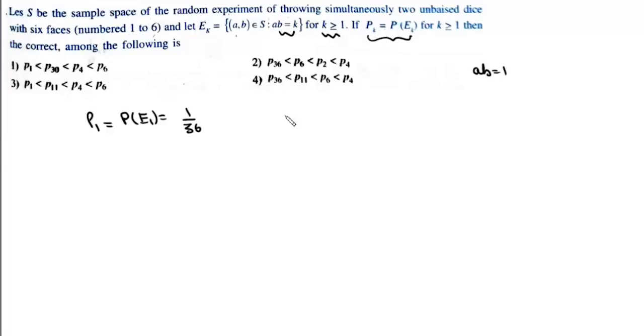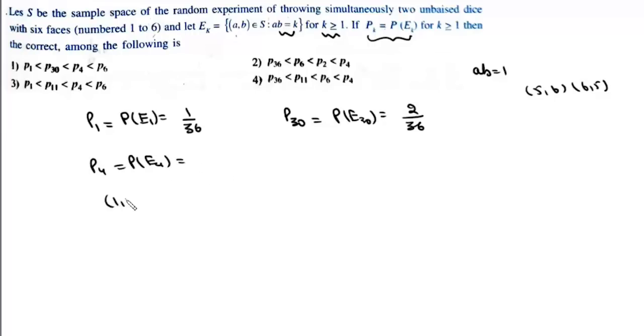Now if we look at P30, it is the probability that the product is 30. We get this product as 30 if it is either (5,6) or (6,5), and there is no other possibility. So here it will be 2 by 36. Now P4 is when the product is 4.